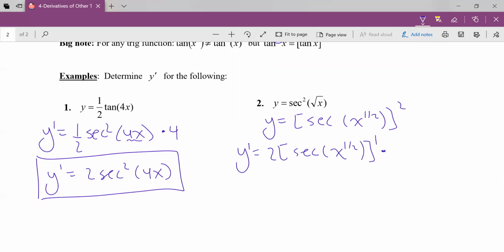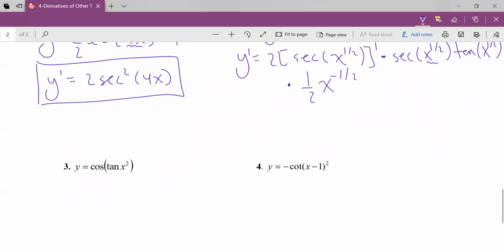And then the derivative of secant is secant x tan x. So this would be secant x to the 1/2 tan x to the 1/2. I'm sorry, I'm out of room here, but now I have to take the derivative, chain rule, of the x to the 1/2. And the derivative of that is 1/2 x to the negative 1/2.